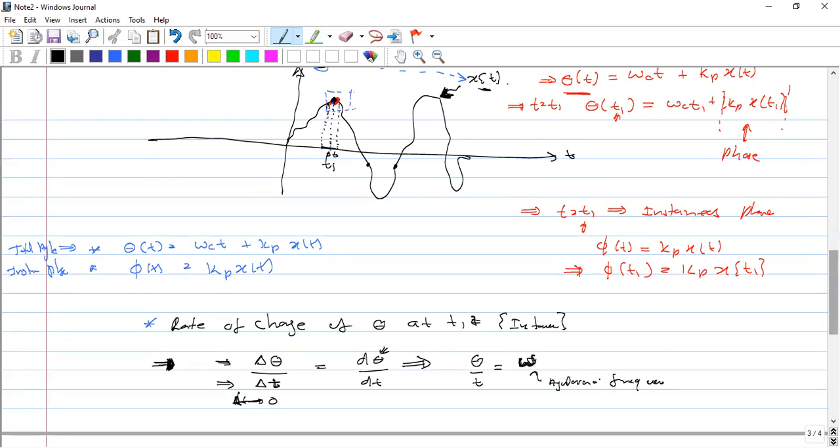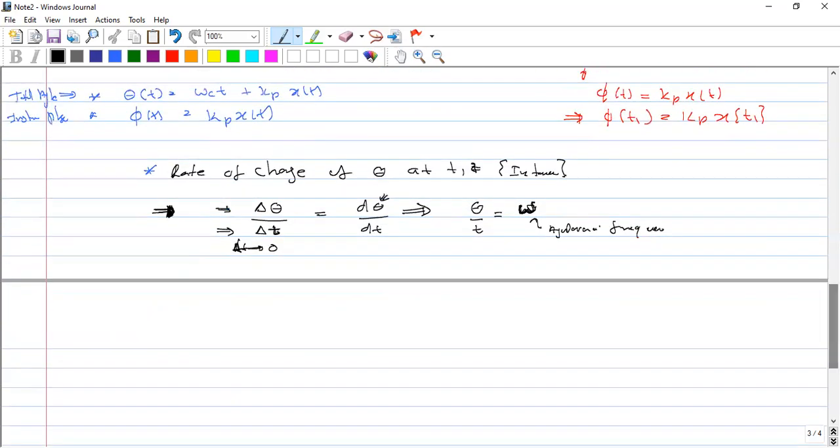So finally, you have this theta(t) that is omega_c t plus k_p x(t), okay? So if you want to find the rate of change of this theta, what you have to do, you have to take the derivative. So this is theta, not phi, I'm sorry.